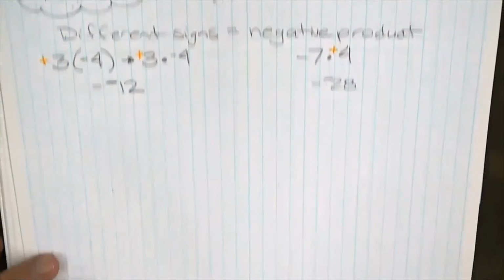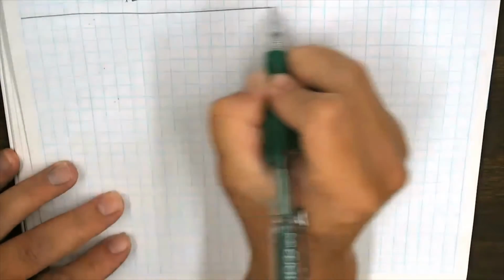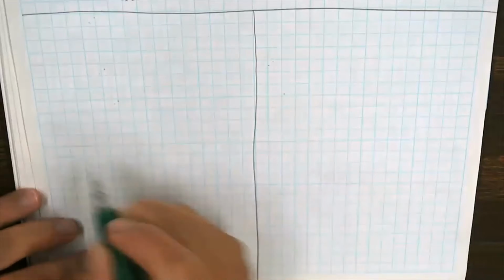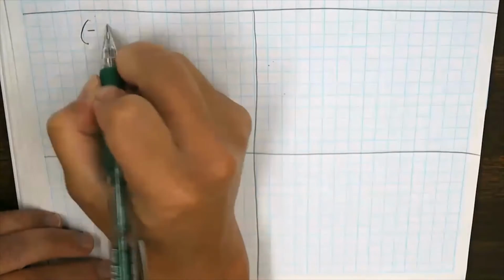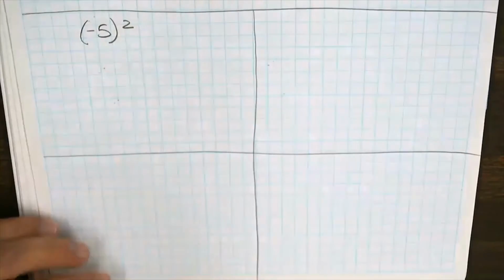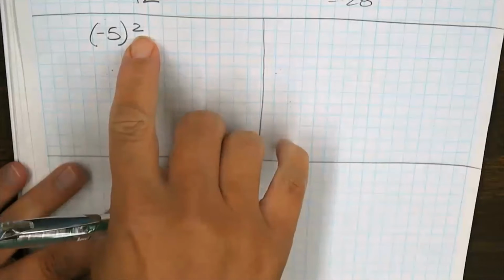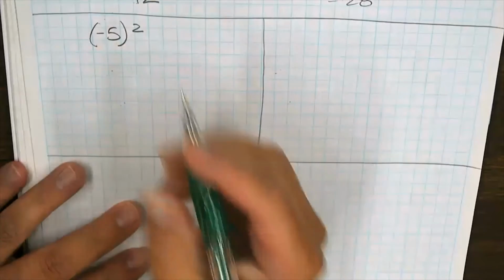Okay, so let's take this one step further. We have negative 5 squared. When we have an exponent of 2, it means we're multiplying the base 2 times.